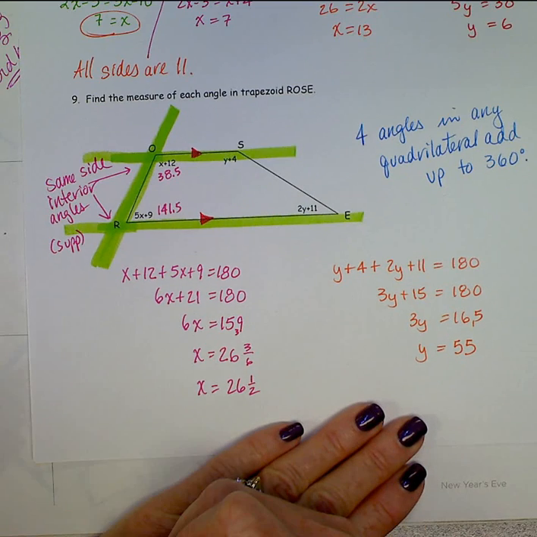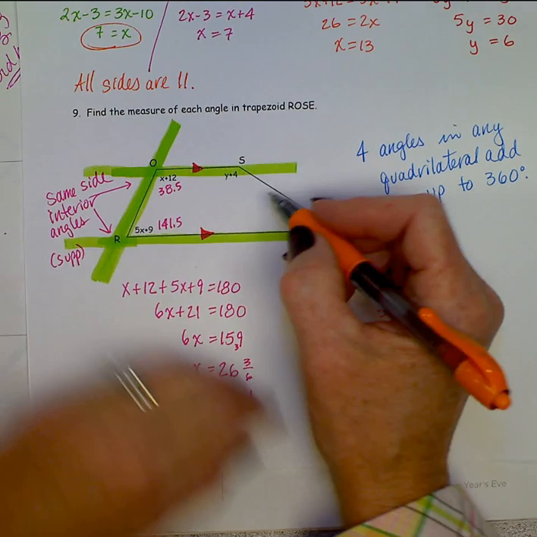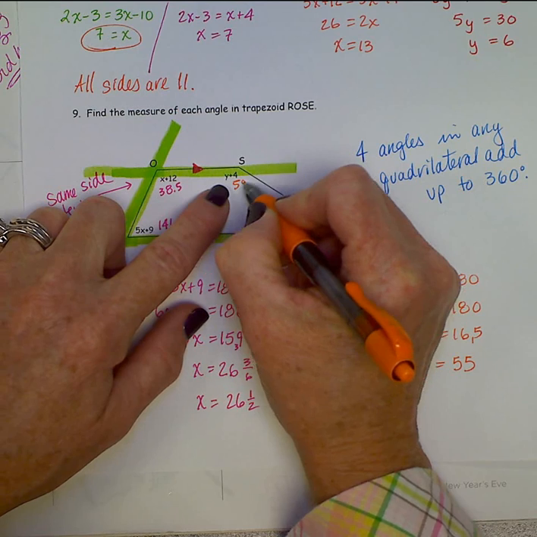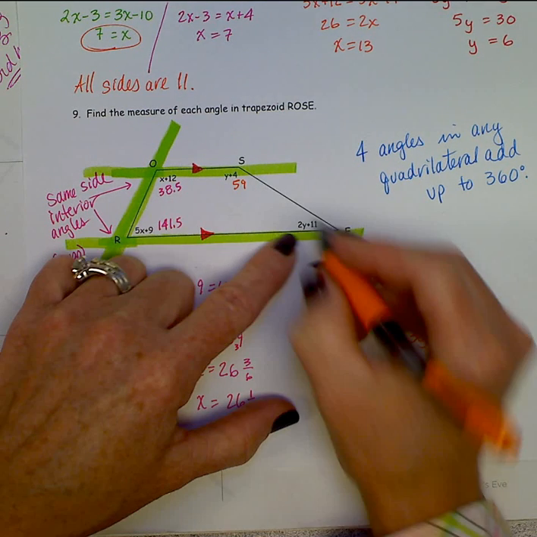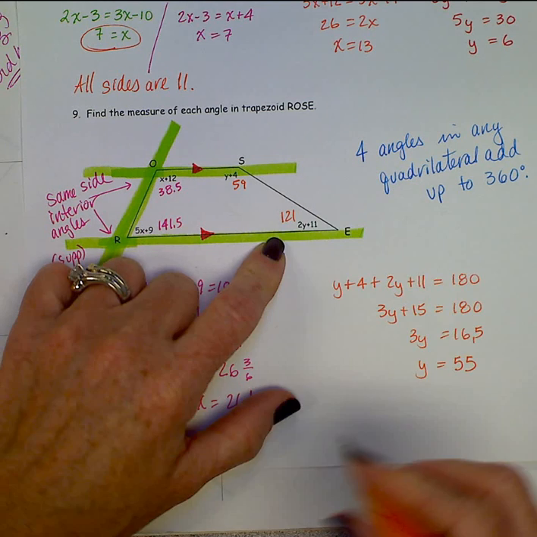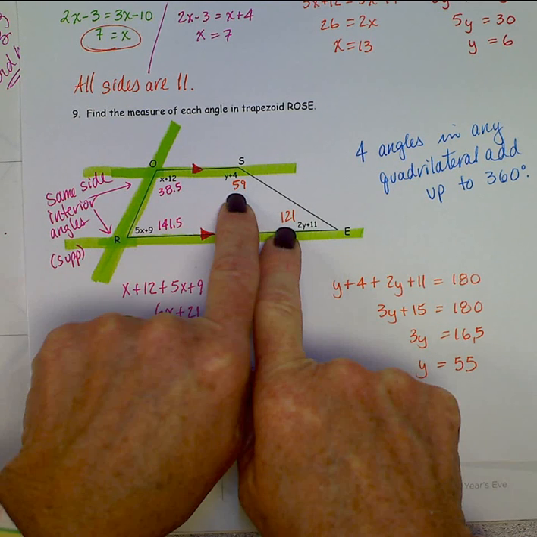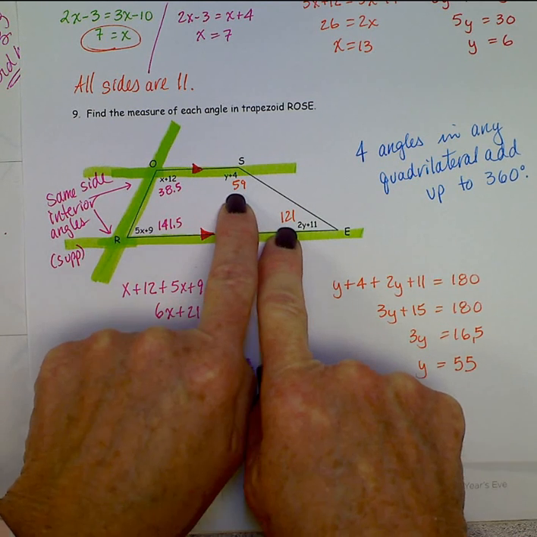Y is 55, and when we plug back in, this one up here is 59, and this angle down here, 110 plus 11, so 121. Clearly, diagram is not drawn to scale, and that's okay.